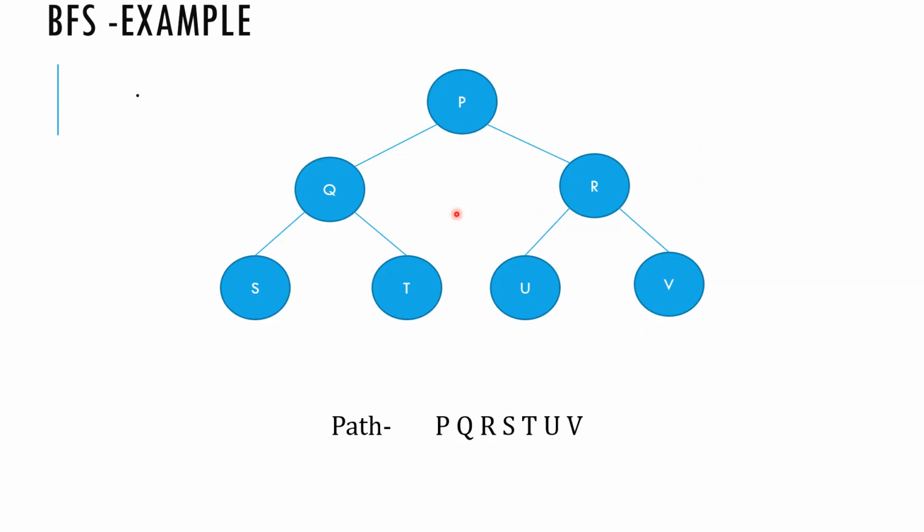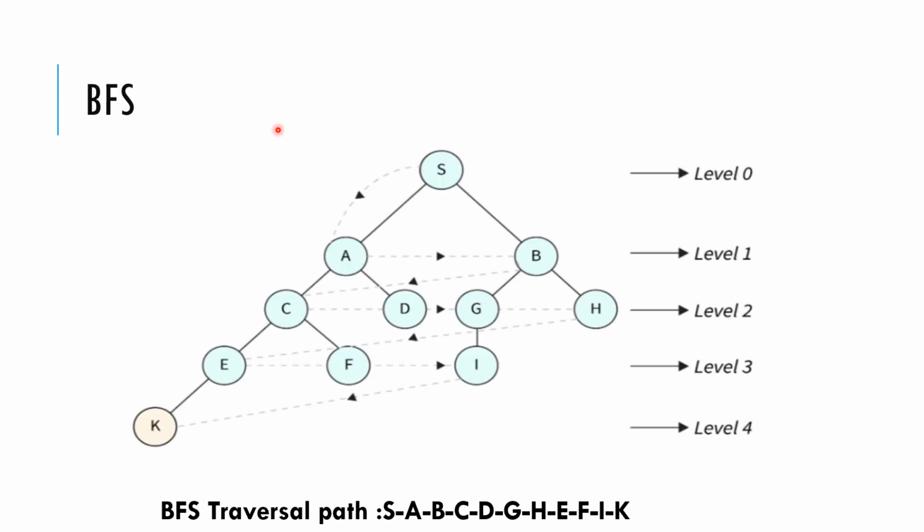Seeing the diagram itself, this is a tree structure. For tree structures and graphs, we can apply the level by level search. So what is the answer? From the diagram itself we can tell P, Q, R, S, T, U, V. This is level 0, level 1 and level 2. And consider another example.